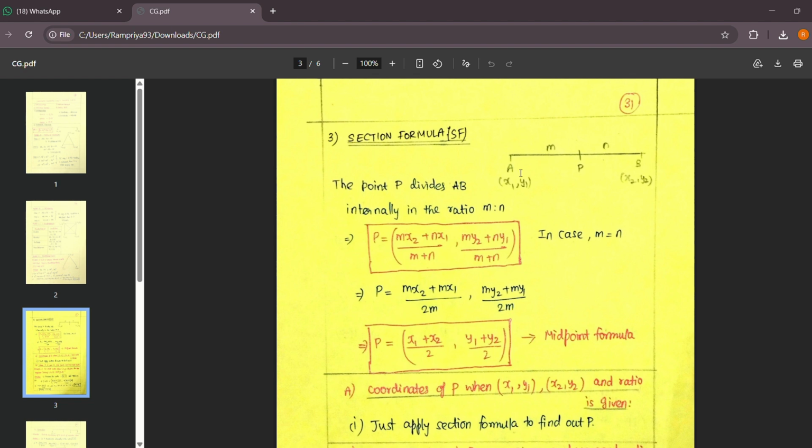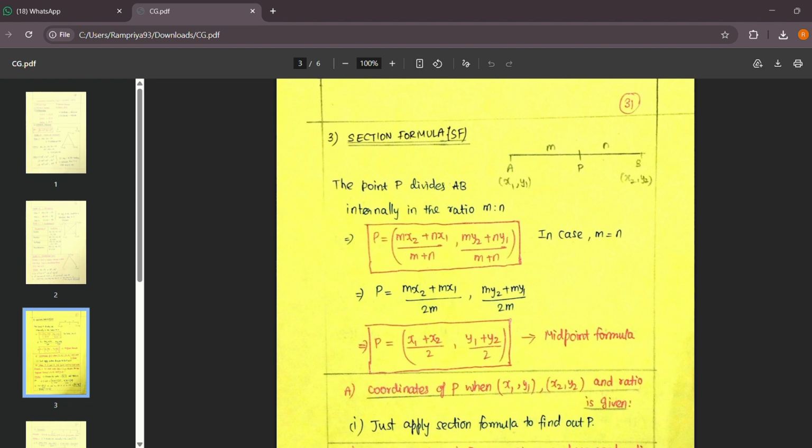There are various models of questions that can come under the section formula. We will see one by one. So first you can see that the coordinates of point P are given by this formula, (mx2 plus nx1) by (m plus n), comma (my2 plus ny1) by (m plus n). Suppose if m is equal to n, if you apply it in this formula, you will be getting (x1 plus x2) by 2, comma (y1 plus y2) by 2, which happens to be the midpoint formula.